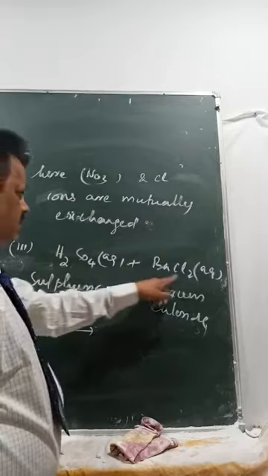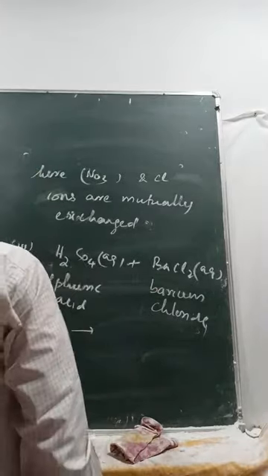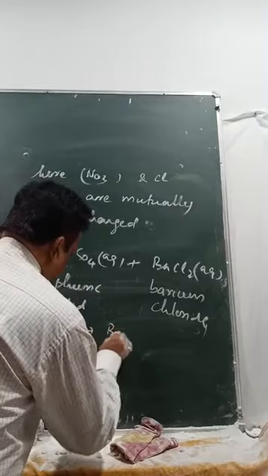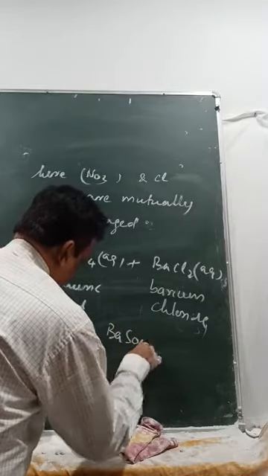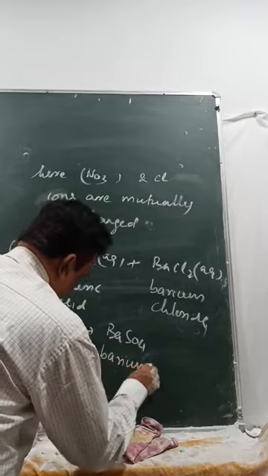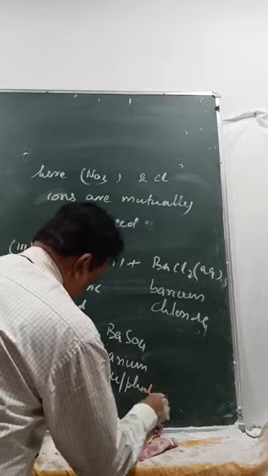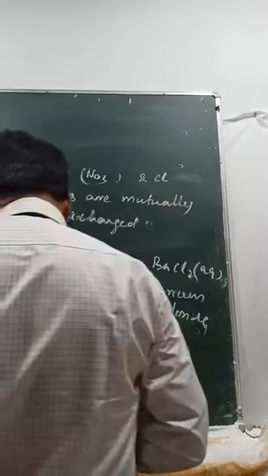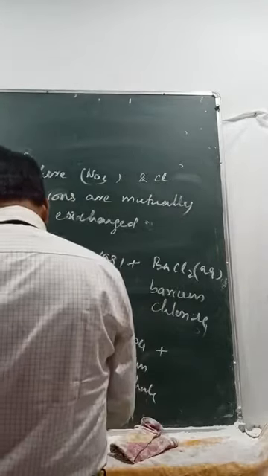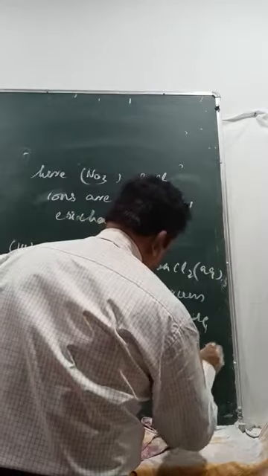Hydrogen chloride and barium sulfate. So you get here barium sulfate plus hydrochloric acid, HCl.